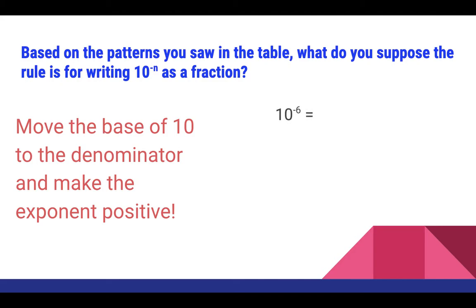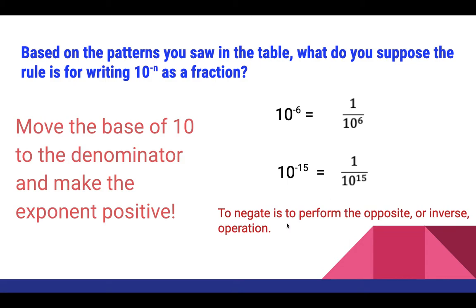So if we had 10 to the negative 6 and we wanted to make this into a fraction, we would move this 10 to the 6 to the denominator of a fraction and put 1 as our numerator. And when we do that, this negative exponent becomes positive. So if we did 10 to the negative 15th, we put it as a fraction, it'd be 1 over 10 to the 15th.